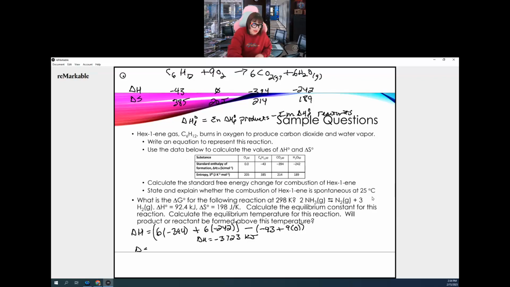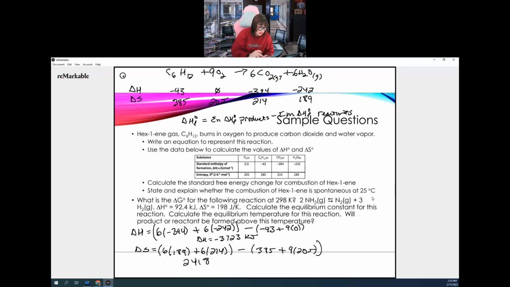Okay, awesome. Now I can do delta S. And it looks so much like what I just did. So this time, I'm going to have the quantities 6 times the 189 plus 6 times the 214 minus 385 plus 9 times the 205. 6 times 189 plus 6 times 214 gives 2418.